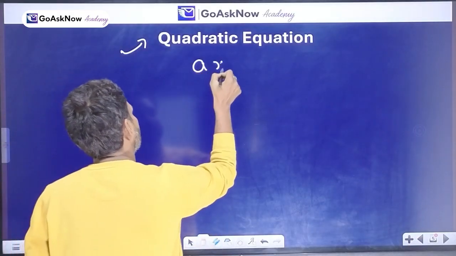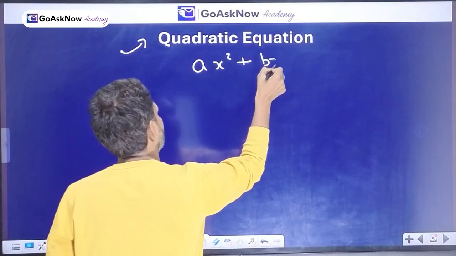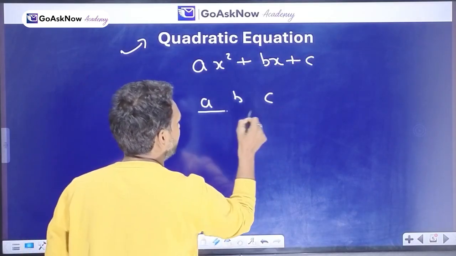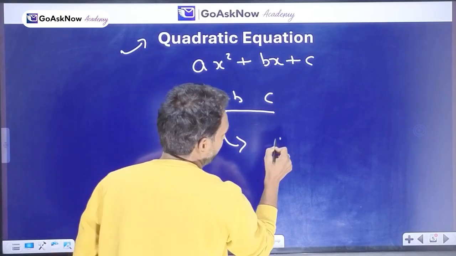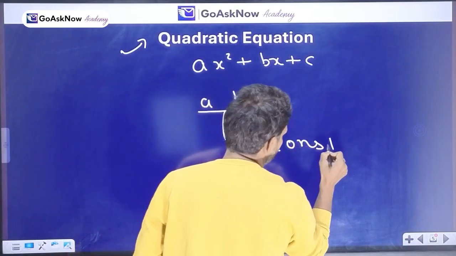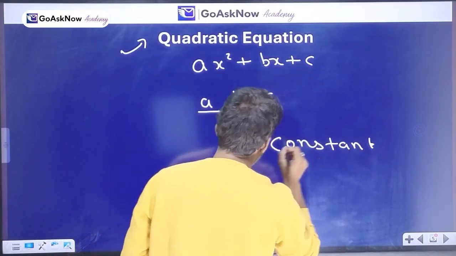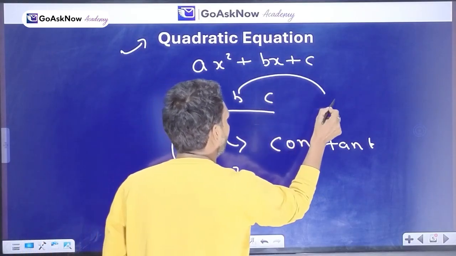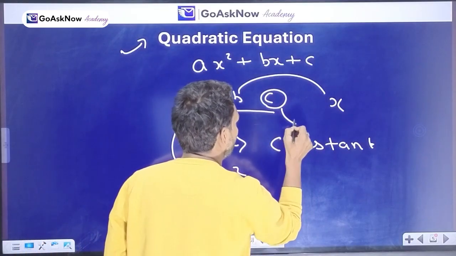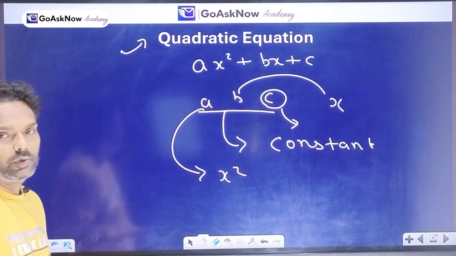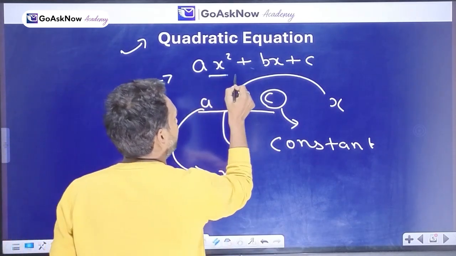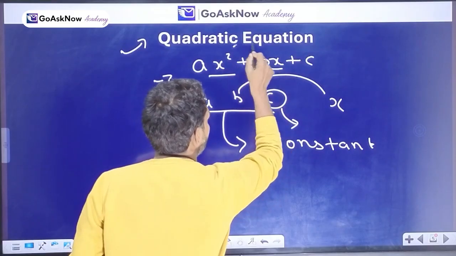Generally, a quadratic equation is in the form of ax square plus bx plus c, where a, b and c are constants, or we can say that a is the coefficient of x square, b is the coefficient of x, and c is a constant. So a, b, c are constants of this equation, and this x square, x, these are variables.